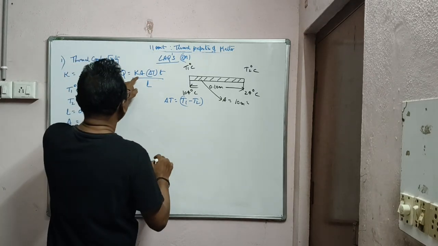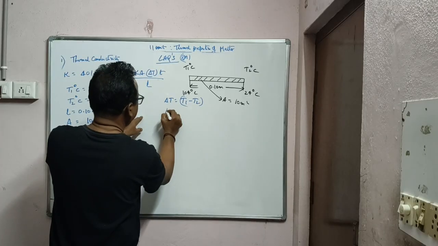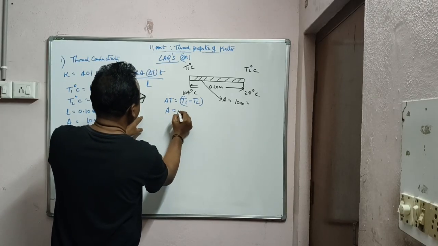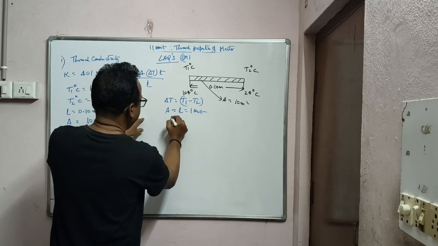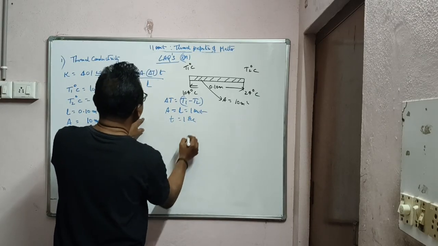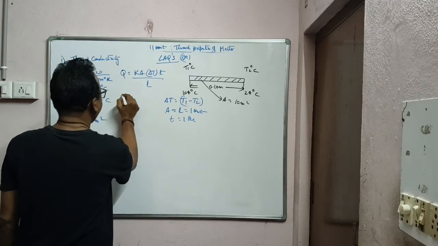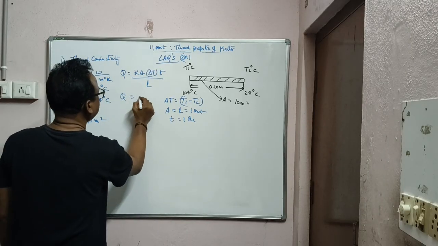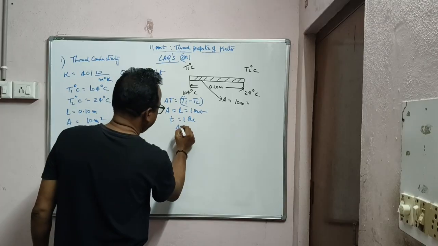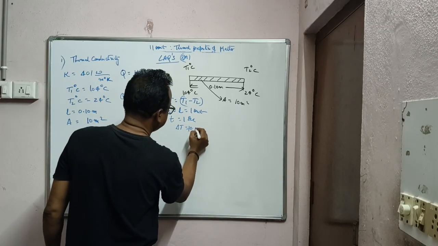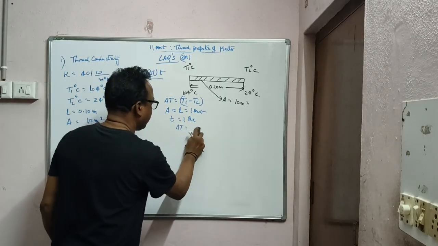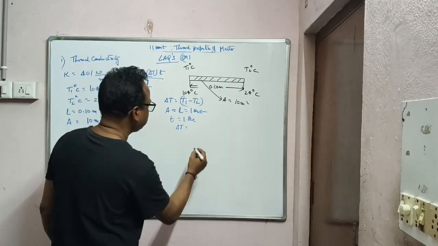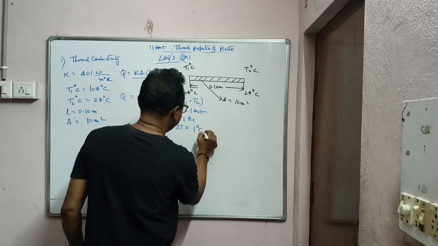Now how to define it? If you take area and length each equal to 1 unit, and time equal to 1 second, and take delta T, the change in temperature, as 1 degree centigrade.